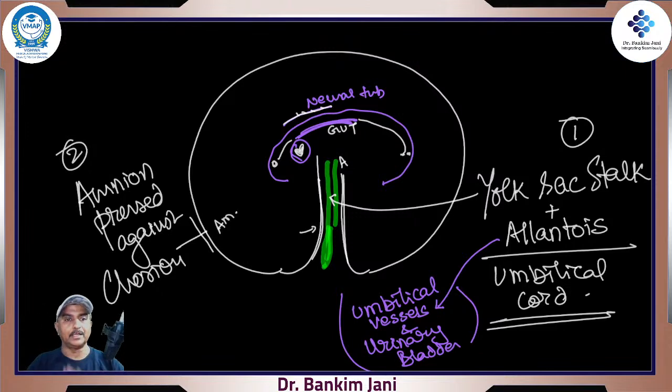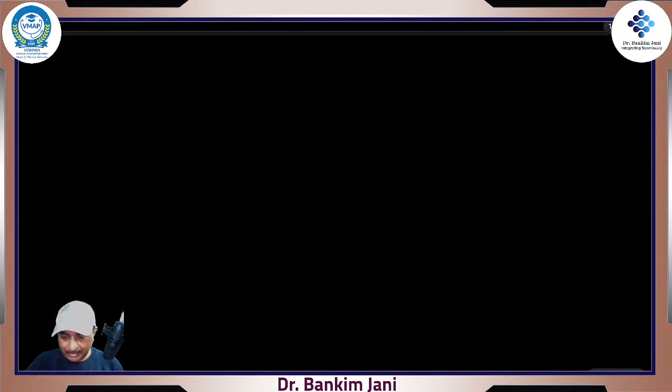Things still continue, and later on, this gut will start taking the complete shape. So this is how it will look. Now we are drawing our neural tube like this, and not only that, we are drawing its internal canal something like this.